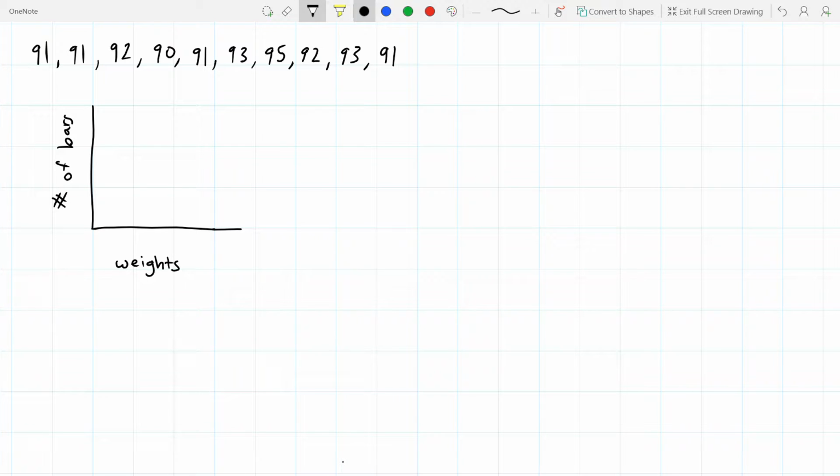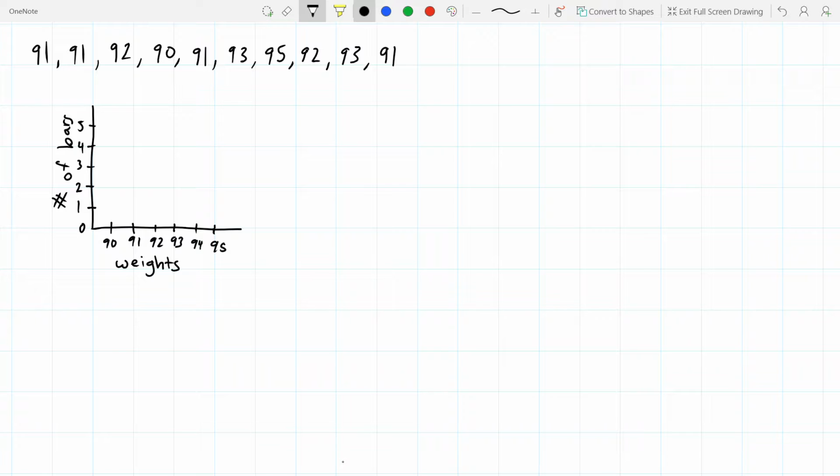Okay, so number of bars, let's start at 0, then we go 1, 2, 3, 4, 5, and then under weight, we go starting at 90, so 90, 91, 92, 93, 94, and 95.